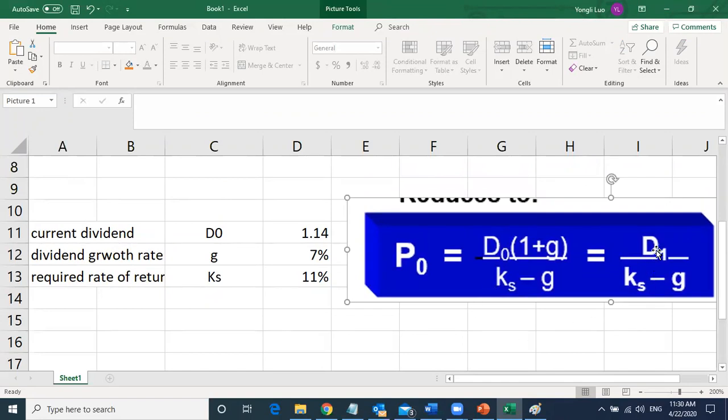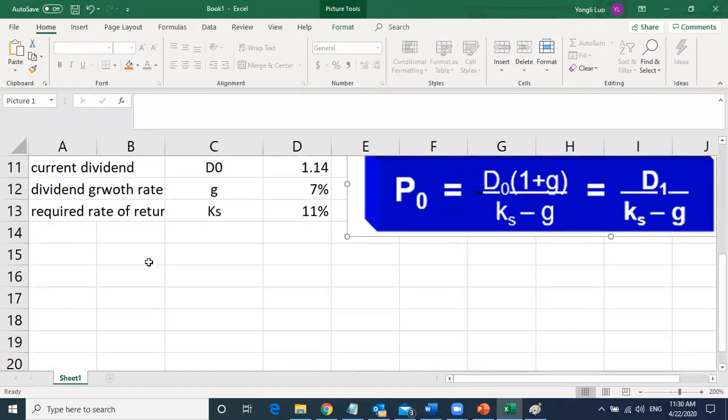D1, or D0 times 1 plus G percent, divided by KS minus G percent. First we want to know D1, or you can use D0 times 1 plus G percent.